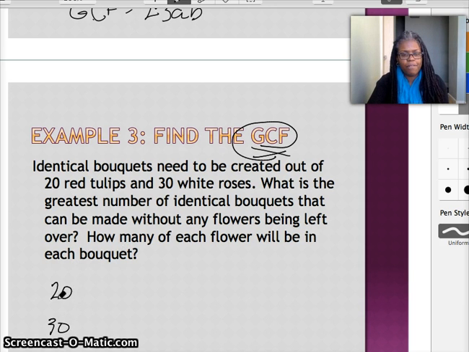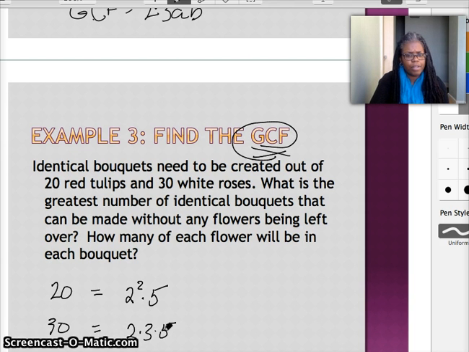To find the greatest common factor, what we're going to do is simply factor it out. But instead of finding all the factors, we're going to do prime factorization. So prime factorization here would give me, I think we did this one before, right? 2 to the second power times 5. And prime factorization here would give me 2 times 3 times 5, right?